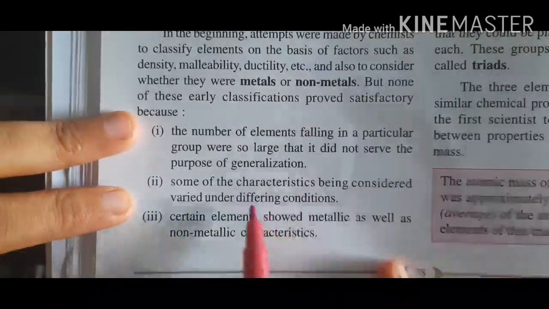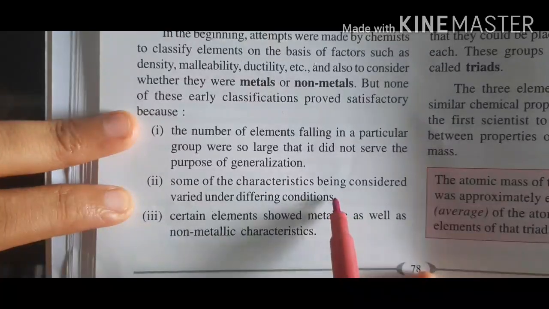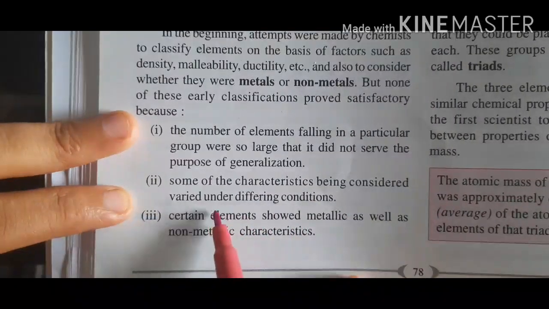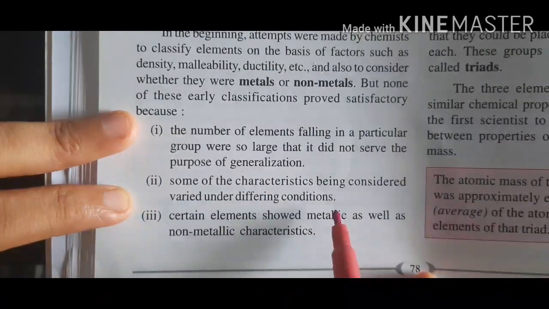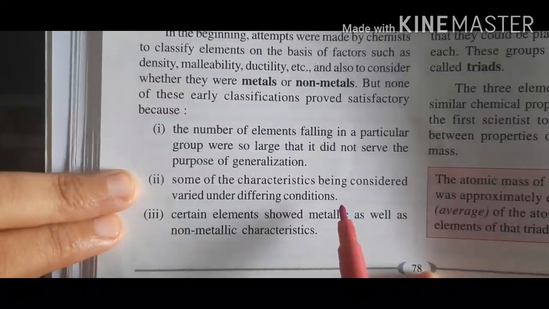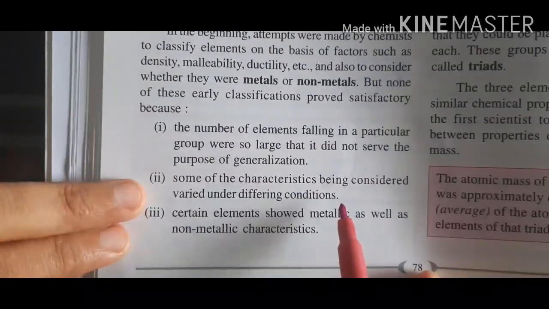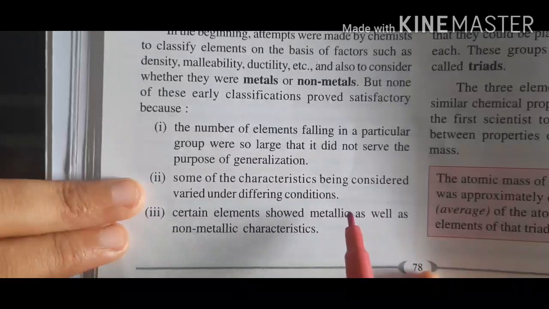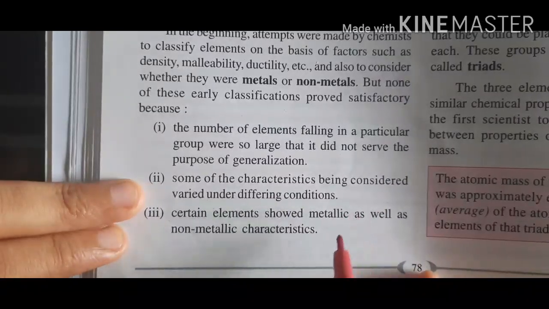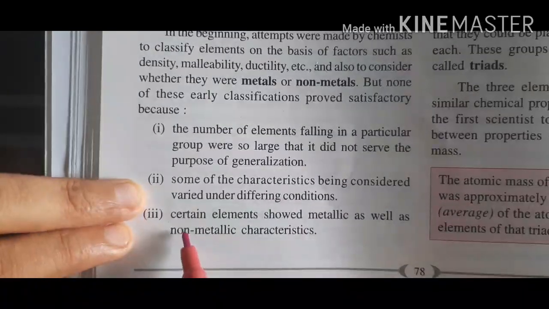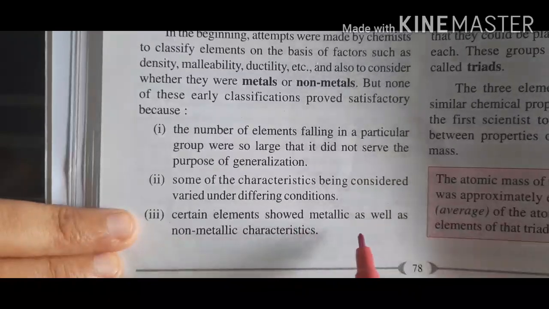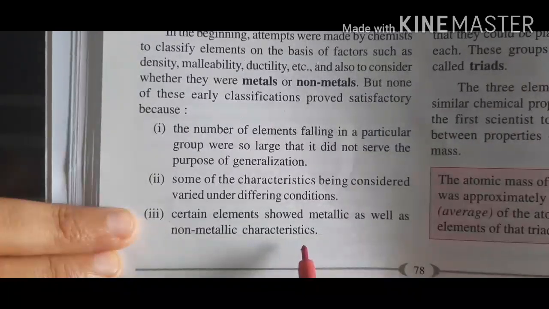Second reason, some of the characteristics being considered varied under different conditions, which means that some characteristics are different, like some elements behave as metals and some behave as non-metals. Like here it is given, certain elements show both metal as well as non-metal characteristics.